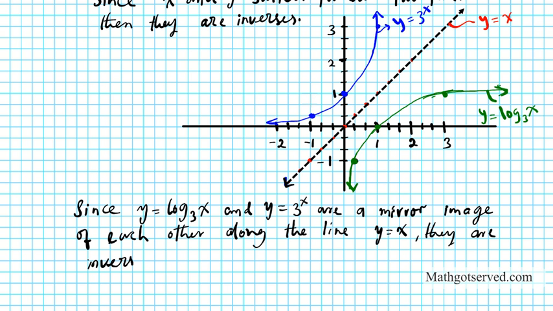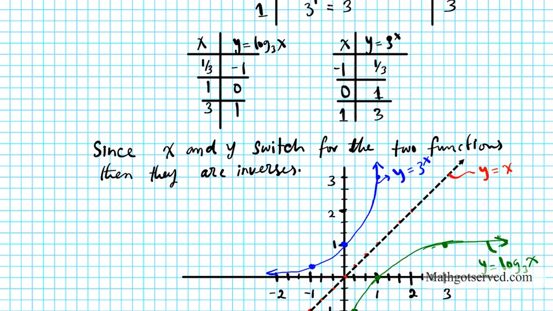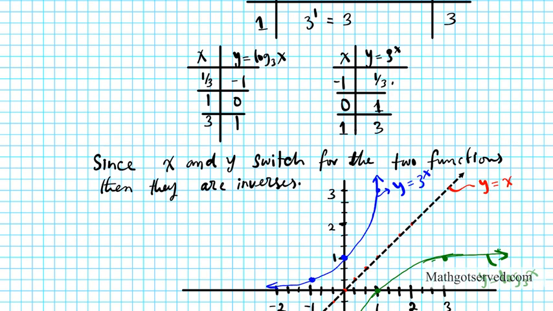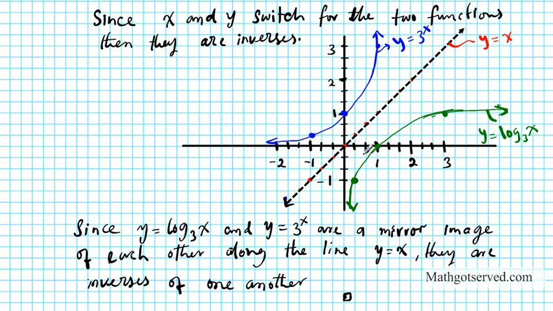Okay? So what we have just done is we showed that these two functions are inverses using a tabular method right here and a graphical method. Okay? Tabular and graphical method.